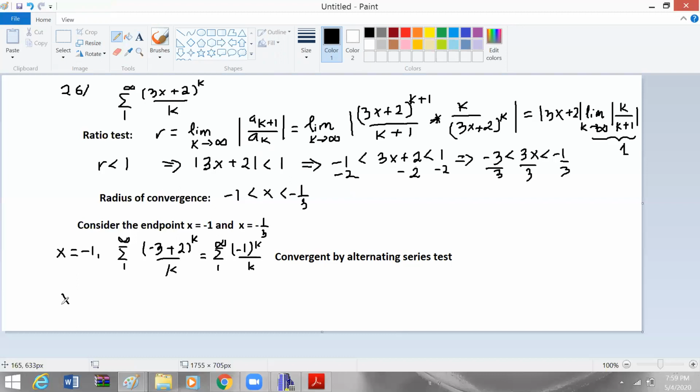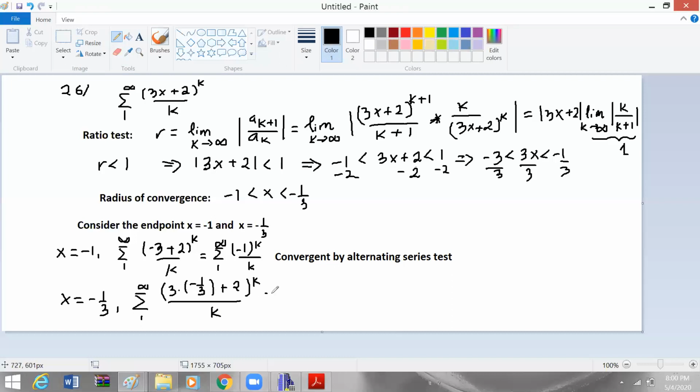So when x equal to -1/3, we're going to have a series from 1 to infinity. So I'm going to replace x by -1/3. So 3 times -1/3 plus 2 raised to the k power over k. So we know the fact that 3 over 3, so that would be -1.